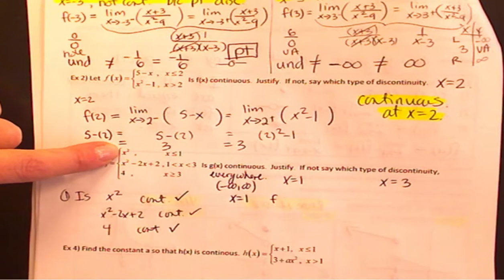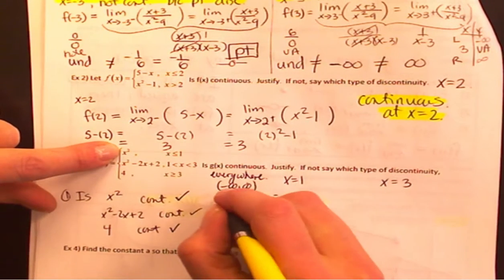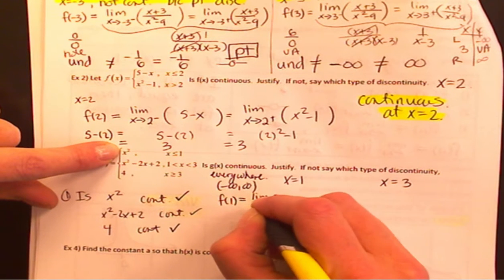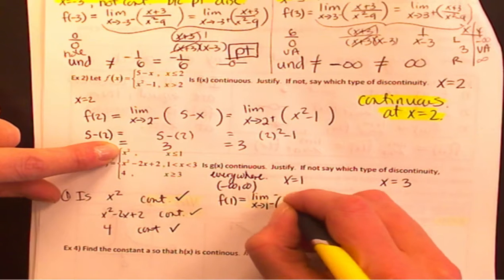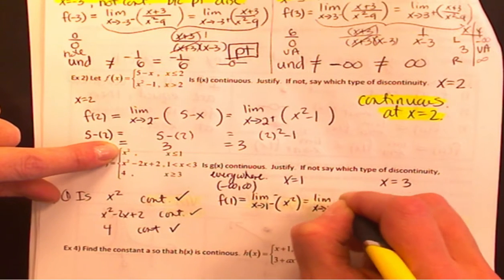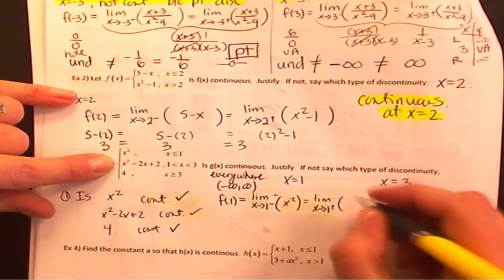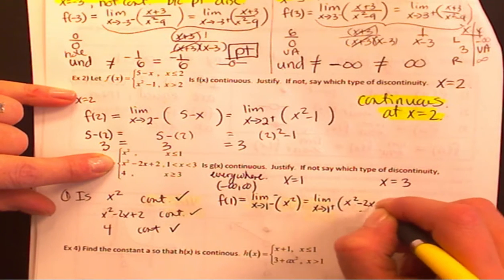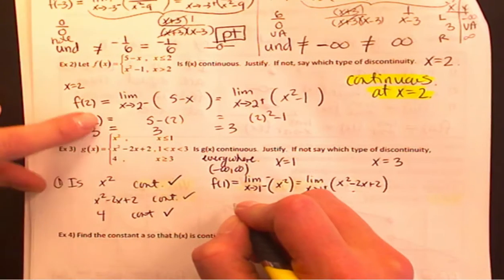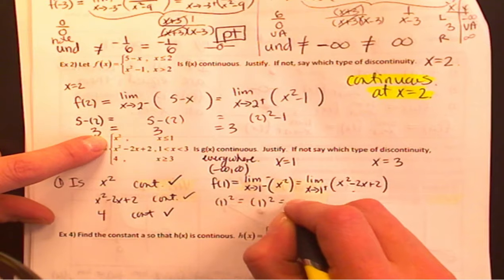F of 1 equals the limit as x approaches 1 from the left equals the limit as x approaches 1 from the right. Okay. X squared minus 2x plus 2. Okay. Is it continuous at 1? 1 squared. 1 squared.